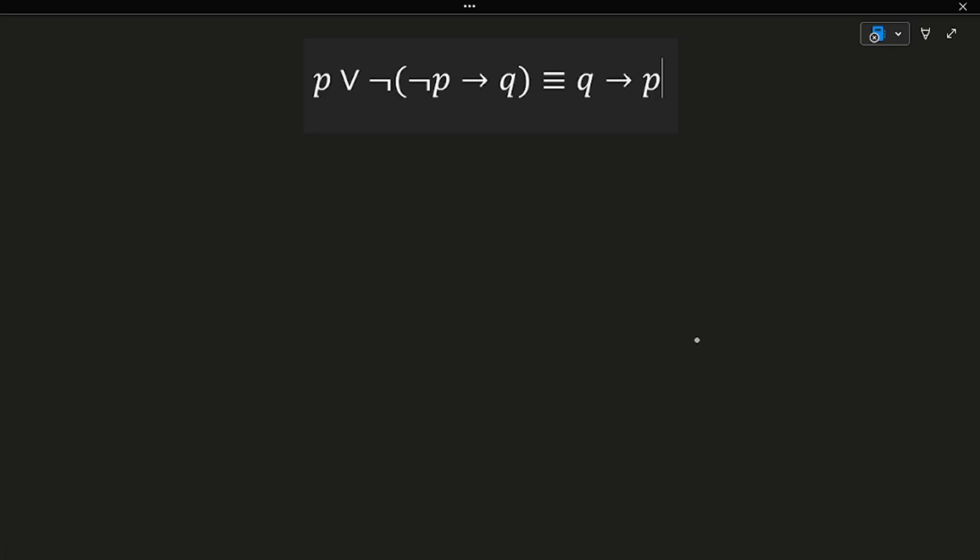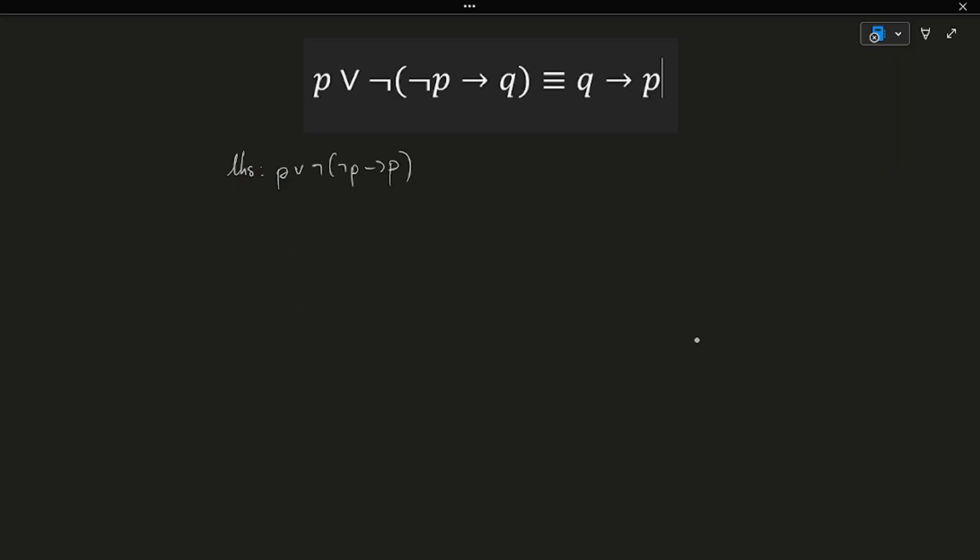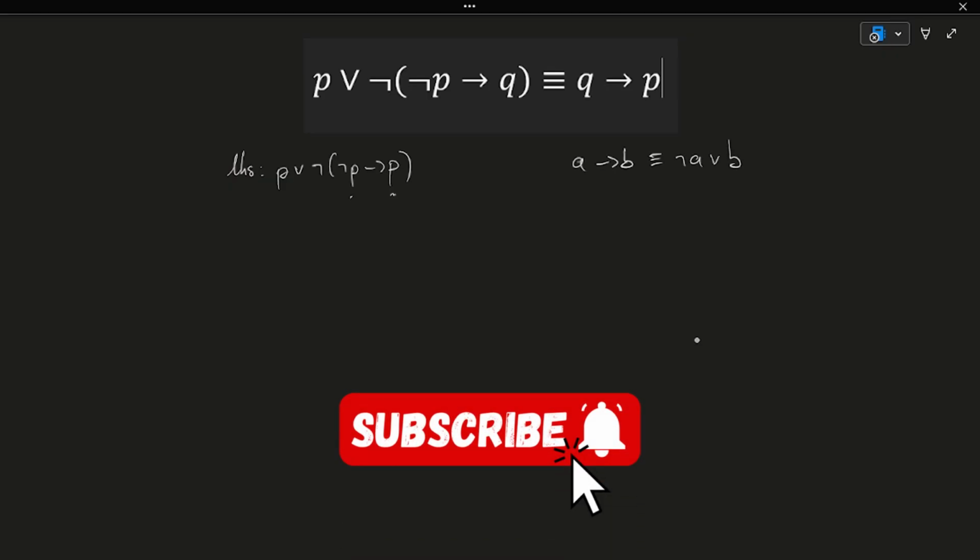Right, so to start with the proof, we're going to take the left hand side. So the left hand side, we have P or not (not P implies Q), right? So that's our left hand side. So using implication, we can break this into something that is understandable. Remember that implication is if A implies B, this is logically equivalent to not A or B, right?